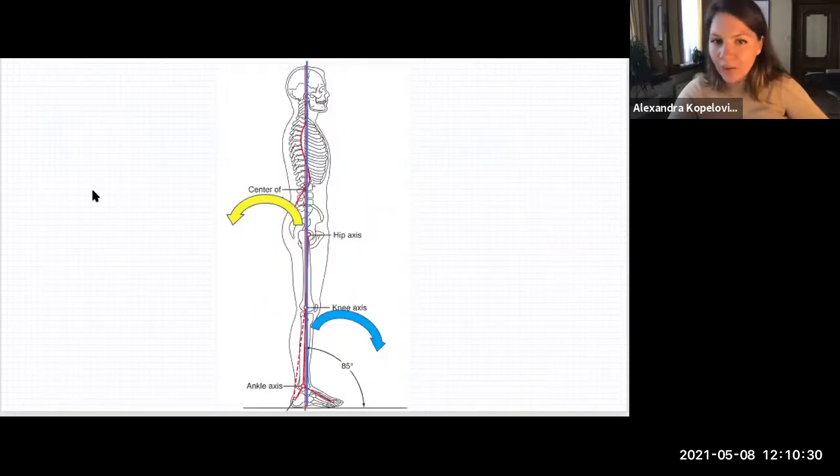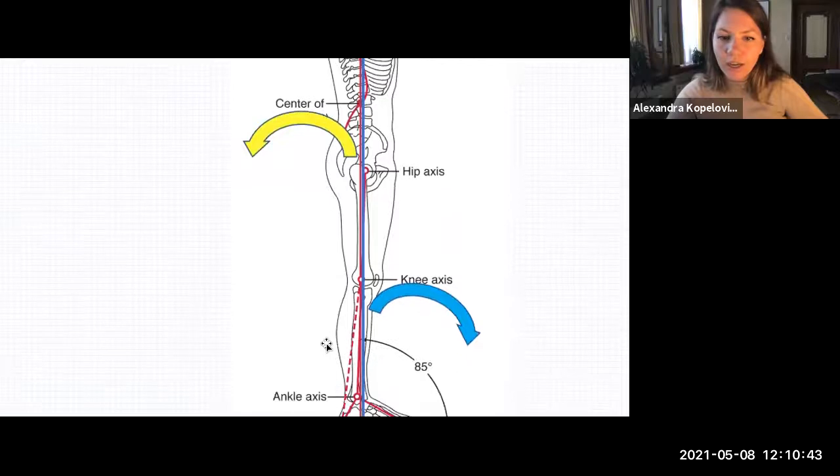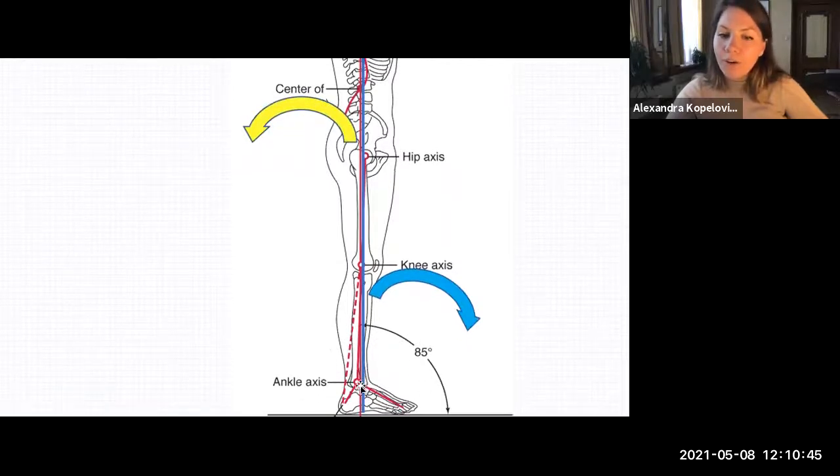So this is not ground reaction force. This is the line of gravity, right? And typically in gait, ground reaction force corresponds to the line of gravity. So let's take a look here at the ankle joint. Whatever the line of gravity lands, typically it has to land either through the joint or very close to the joint axis.